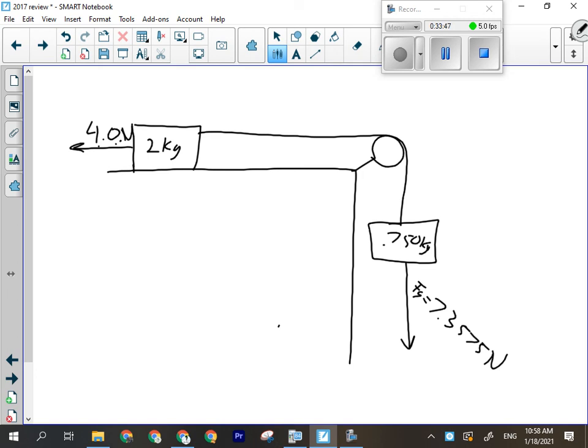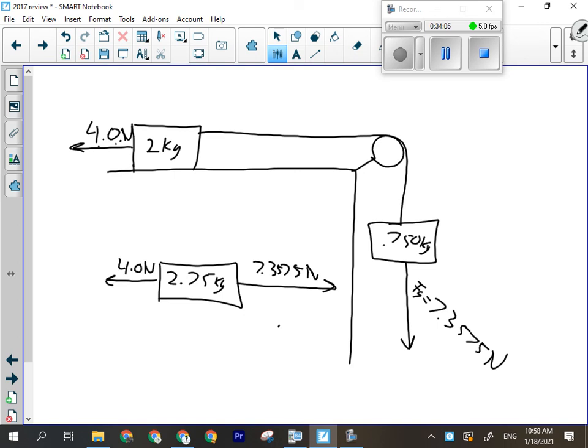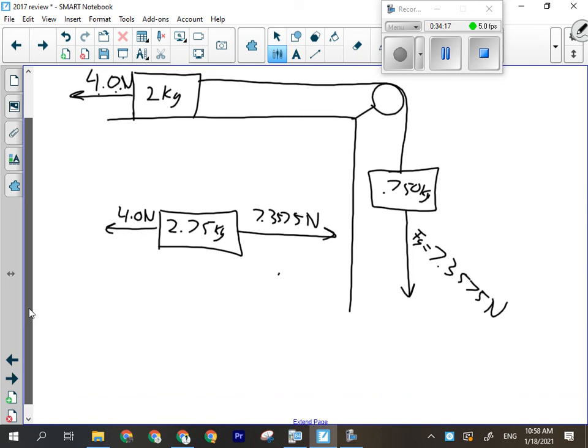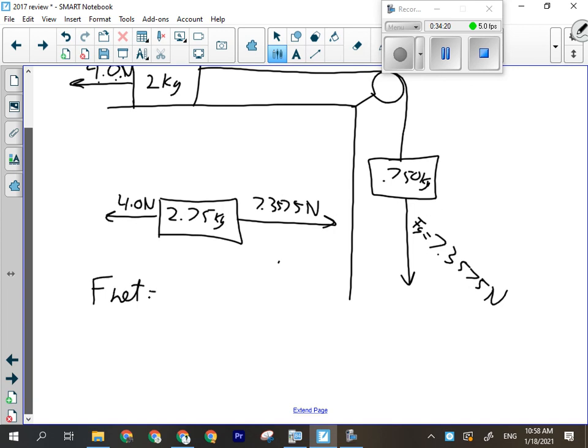So if I simplify this diagram to represent the whole system, it looks like this. That's what we've got. The whole system has a mass of 2.75 kilograms, and the forces acting are this 4 newton force and this 7.3575 newton force going the other way, which means my net force is going to be 3.3575 newtons that way.